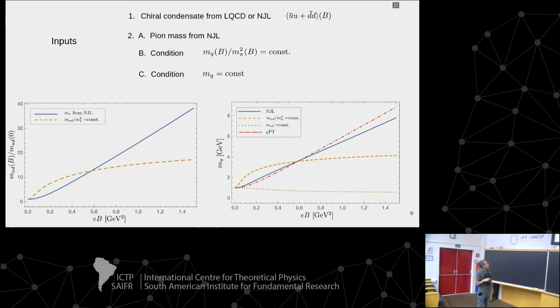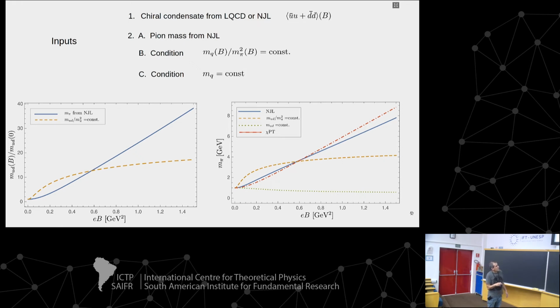So here, for example, we see that the pion mass increases. This is the pion mass from Nambu-Jona-Lasinio, and this is the quark mass. As an input, the pion mass from Nambu-Jona-Lasinio, and this dashed line is with this condition.